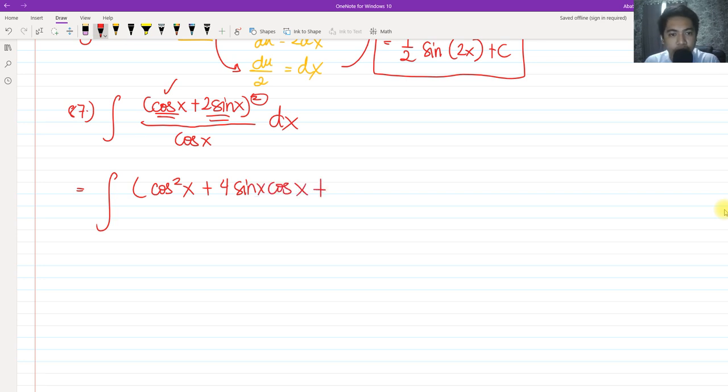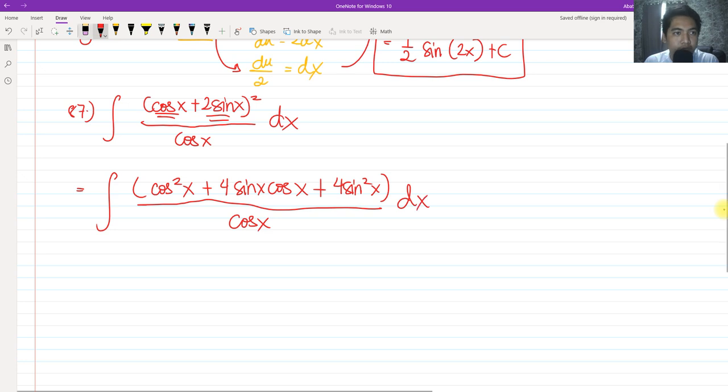And the last term for our binomial expansion, we're going to square the last term. Upon squaring that, that would be 4 sine squared of x. So we have already expanded the numerator, and this is over cosine of x. So yeah, here is our given integral.